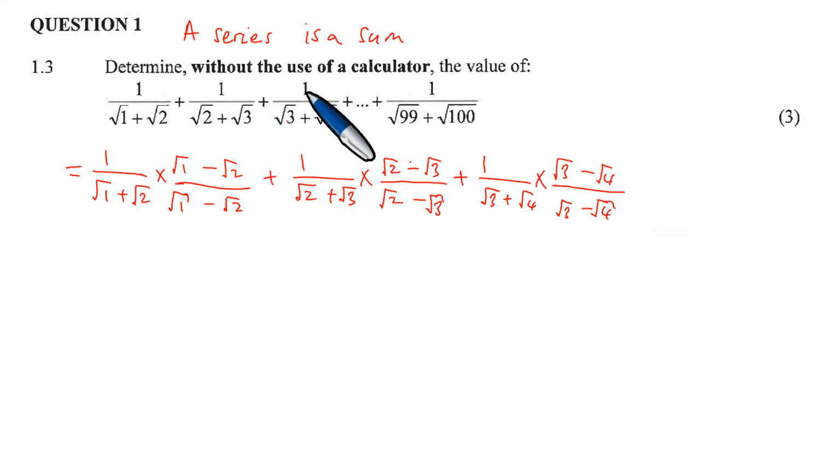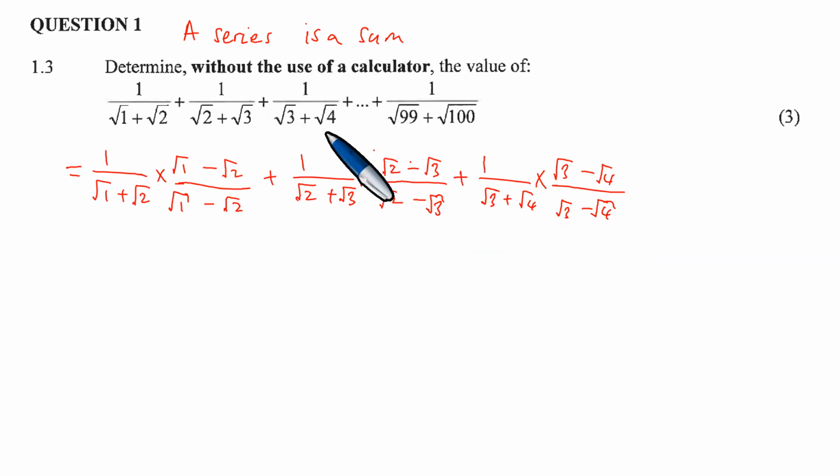So we are rationalizing each of the terms. Note that here we have the square root of 1 plus the square root of 2. We multiply by a disguised 1. So this divided by this is 1 because you're dividing this by itself. But you need to note that we're multiplying this by that. We're doing the same because the sign is positive here. Positive, you multiply by the negative.